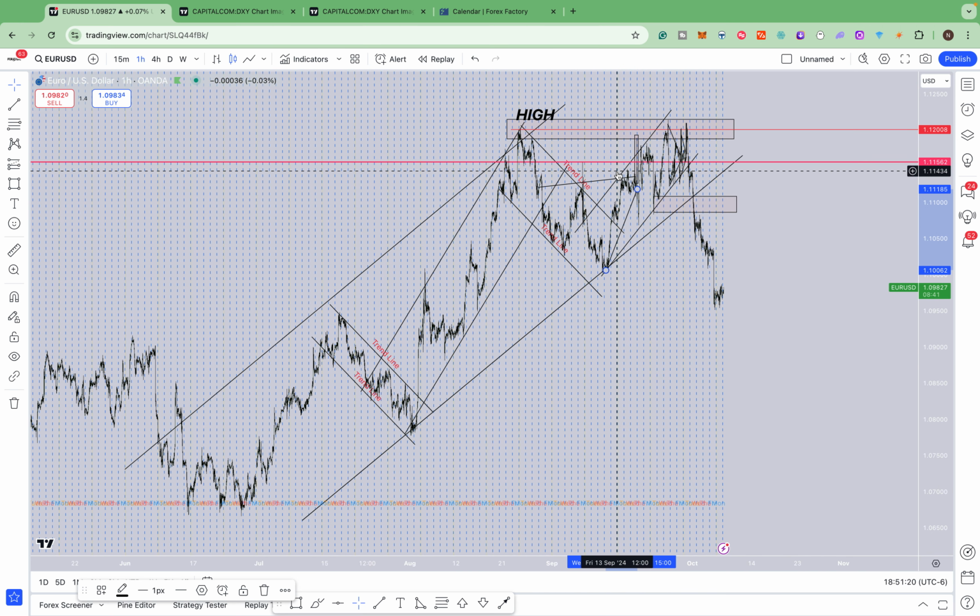All right, this was the top-down analysis of the Euro US dollar. The main focus was the different indexes and combining the indexes to get a better bias or a better outlook of what is happening on the Euro US dollar pair.